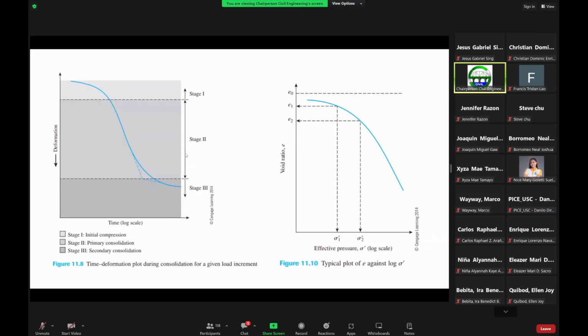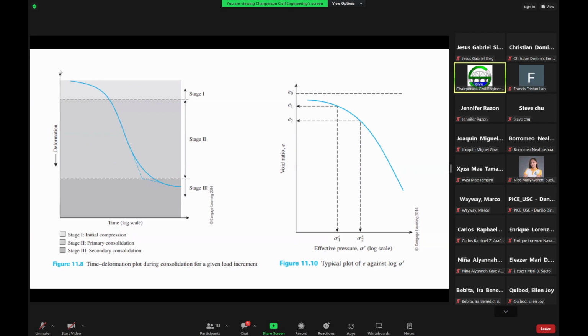So here in this figure, we see the time deformation plot during consolidation for a given load increment. With respect to the time deformation plot, we can divide the time log into three stages.